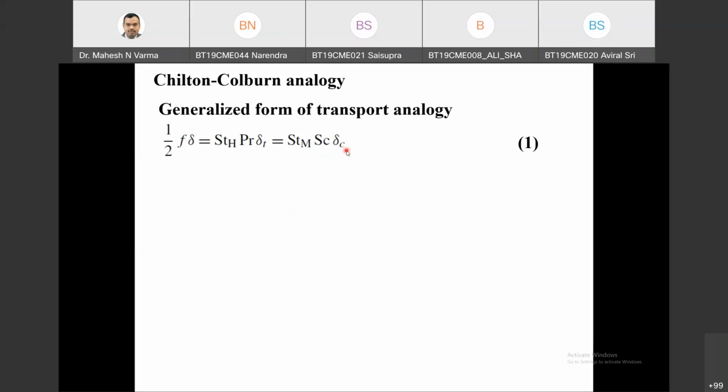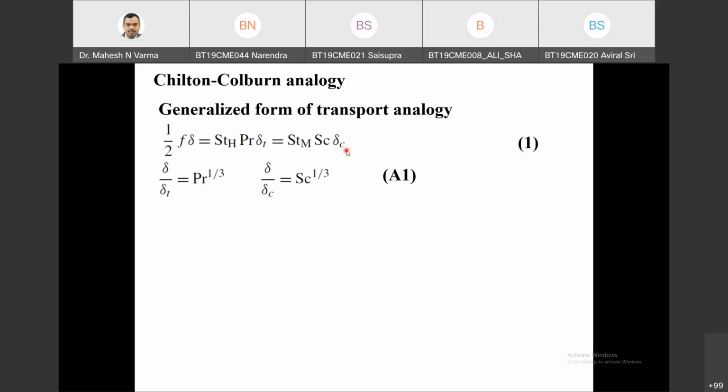Okay, what is the observation of Chilton-Colburn? Chilton-Colburn has observed, within its limitation, that delta by delta T equals Prandtl number raised to 1 by 3, and delta by delta C equals Schmidt number raised to 1 by 3. That is, momentum transfer divided by heat transfer boundary layer thickness equals Prandtl number raised to 1 by 3, and momentum transfer divided by mass transfer boundary layer thickness equals Schmidt number raised to 1 by 3.